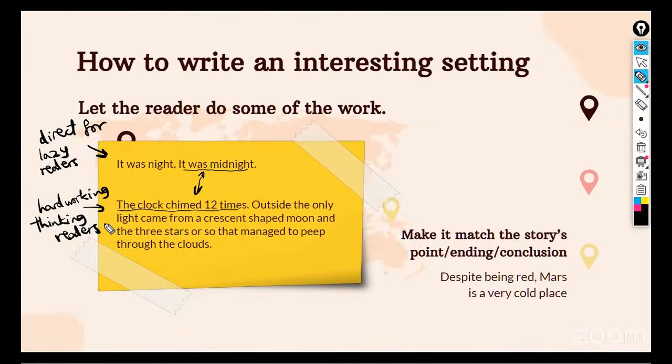So it was night becomes the only light came from a crescent-shaped moon if you want. Right? We write in the bad one and we write in the good one, the weaker one and the stronger one next to it.